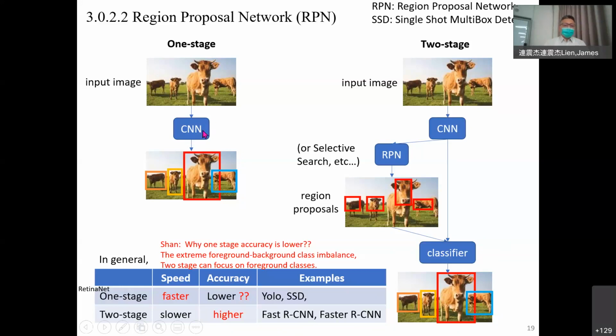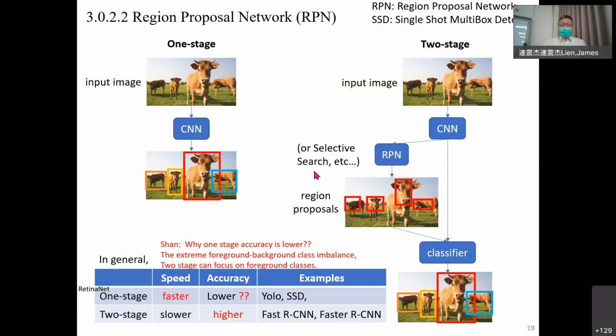So this is the anchor. Two stage has an RPN here. One stage has no RPN, but has an anchor. Two stage has an RPN, and the RPN also has an anchor. So there is an anchor here, and an anchor here.